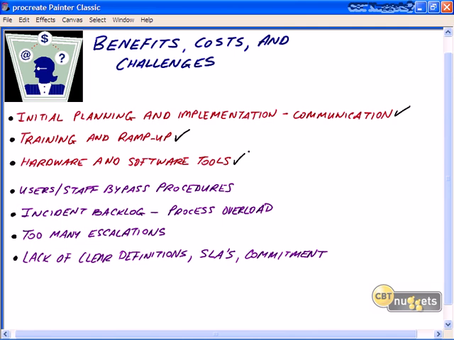Well, the challenges are the fact that your users and your staff could actually bypass the procedures put in place for incident handling. If they deem the process too cumbersome or too bureaucratic, they may bypass it altogether, trying to resolve errors themselves or directly contacting specialist staff without following procedures.